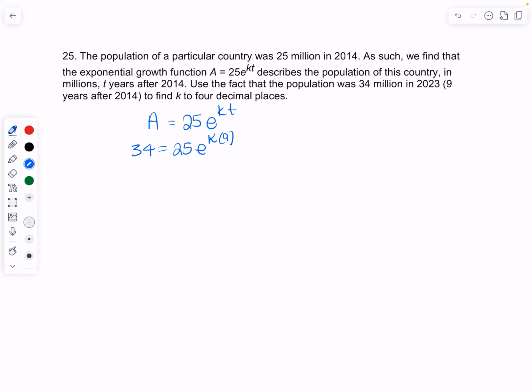The first thing I'm going to do is divide 34 by 25 because I'm trying to get the exponential by itself. 34 divided by 25 gives me 1.36. Now I'm going to take ln of both sides because I want to bring down the 9k.